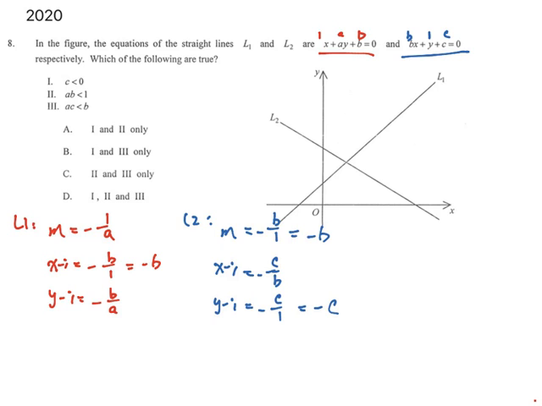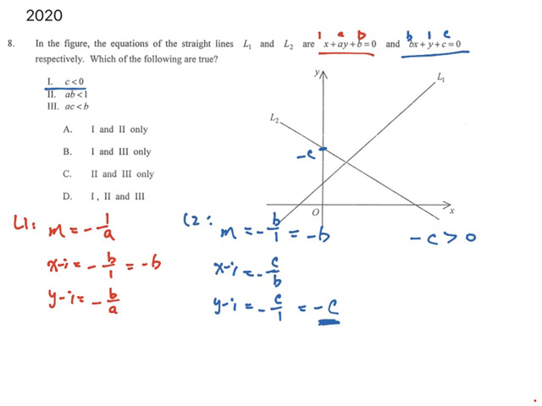Next, we'll check number 1. For number 1, C is less than 0. In all six terms, only C is here, so we will look at line 2. For line 2, the y-intercept is negative C. This point is above the x-axis, so it is a positive number.